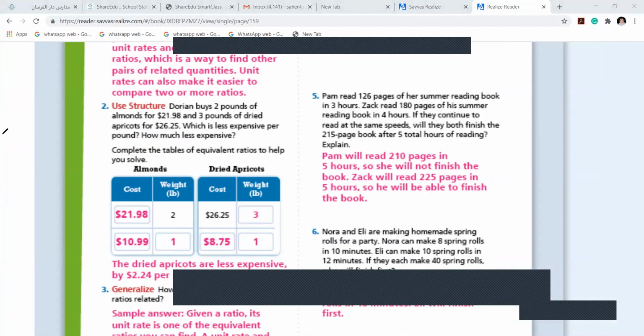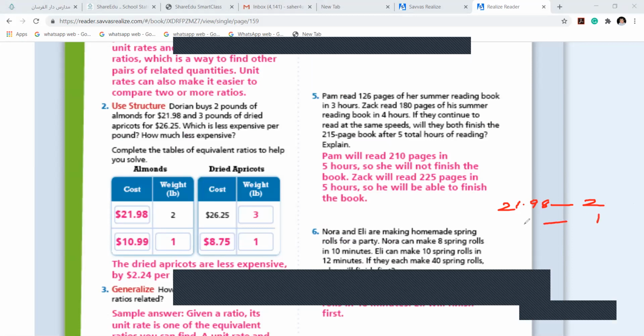How many almonds does she buy? 2 pounds. And 3 pounds of dried apricot, that's a different story. Now, which is less expensive per pound? Per pound means what, girls?